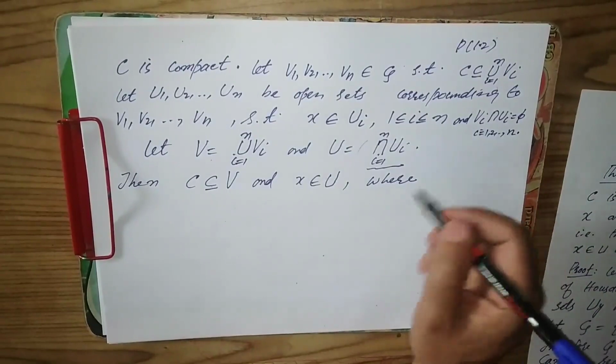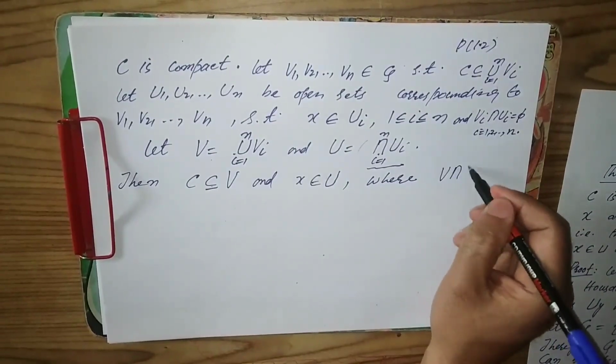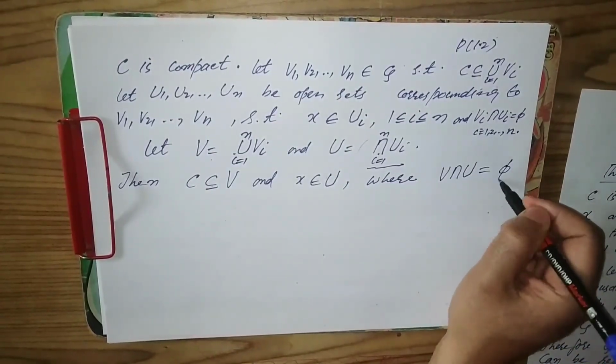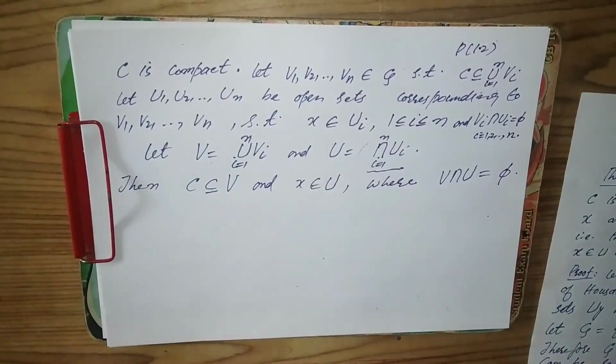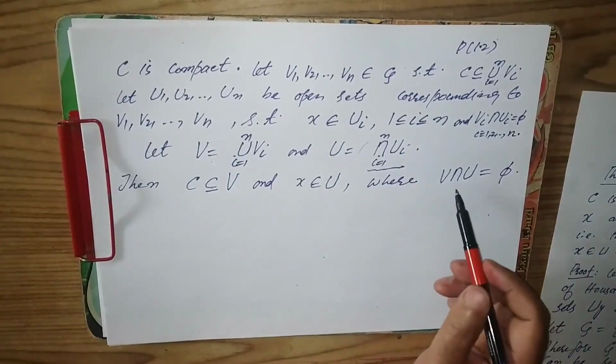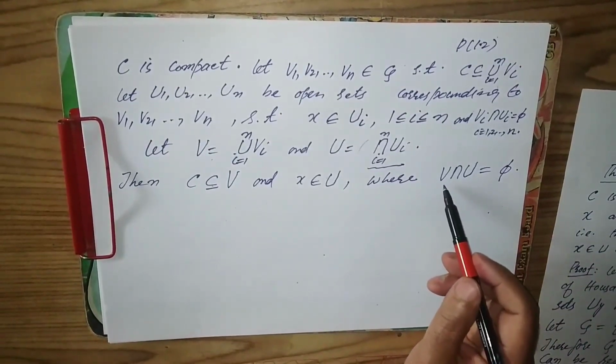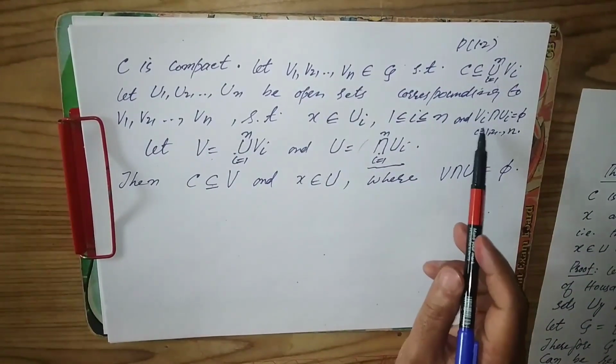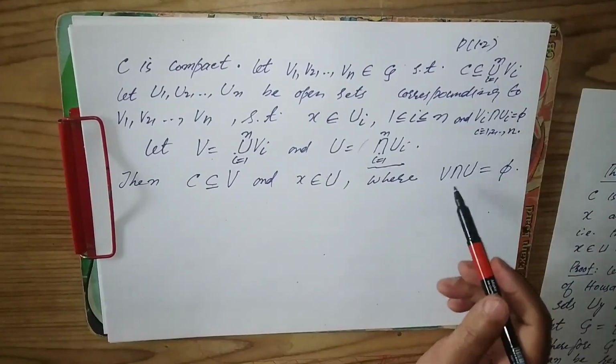So these sets V intersection U is the phi set, because each Vi is disjoint from Ui.